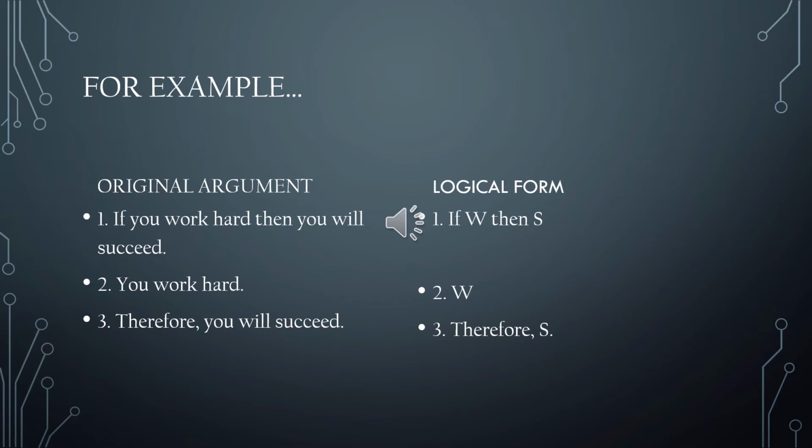It is a modus ponens argument, as we will learn. This logical form has a name because it's guaranteed to work. You will never have a modus ponens argument with true premises and a false conclusion. So this logical form guarantees the truth if the premises of the argument are true.